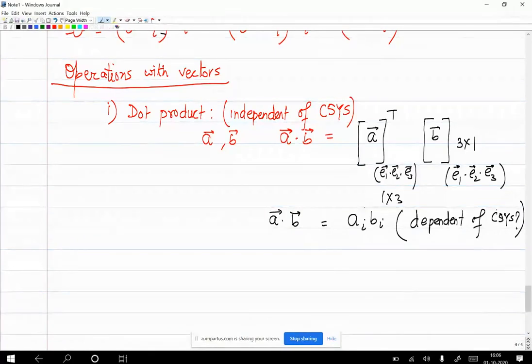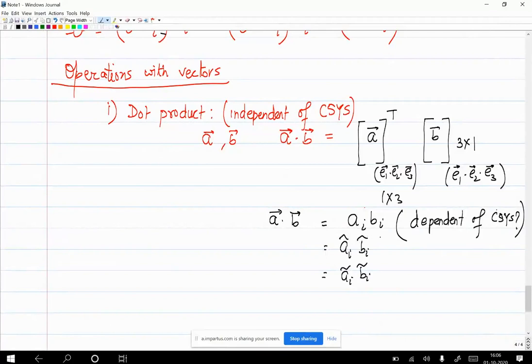So if you choose a different coordinate system, you might get Ai hat, Bi hat, or you get Ai tilde, Bi tilde. So from this, it looks like the three need not be the same.